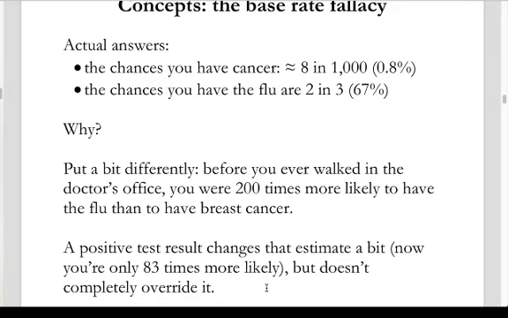It just gives us a bit of additional information that changes our inferences about the probability of these two things. Right? It doesn't completely erase everything that we knew about breast cancer and about the flu before we walked into that doctor's office. It changes it, but it doesn't erase it. And that's why the prior is important in inferences and decision making.